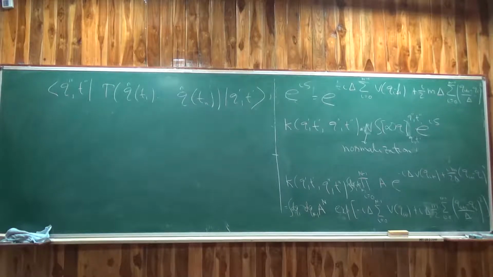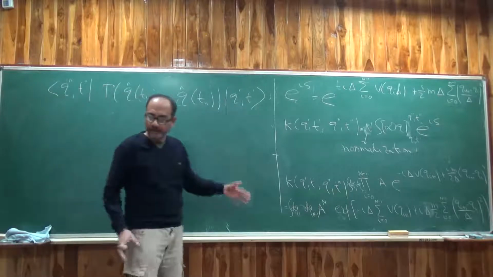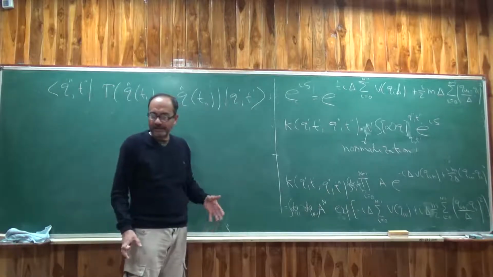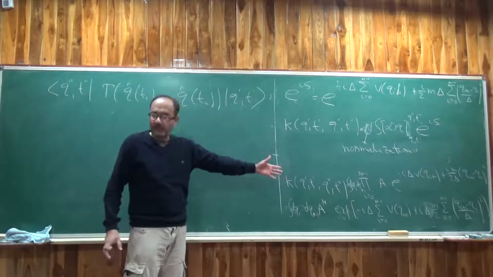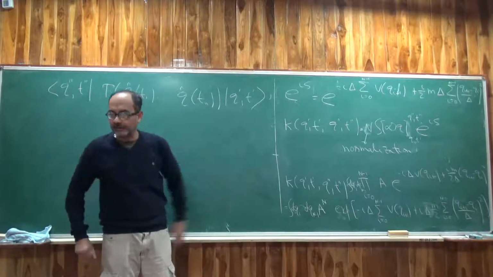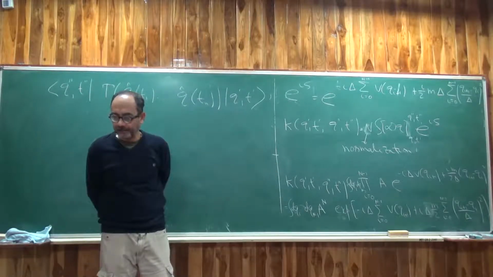So if we integrate over q'', then it will give 1, the total probability amplitude. You can fix it that way also. But in quantum field theory, as you will see, things are much more complicated. This works in quantum mechanics, but in quantum field theory, it's hard to fix the normalization constant that way. But we will not really need to fix the normalization constant.